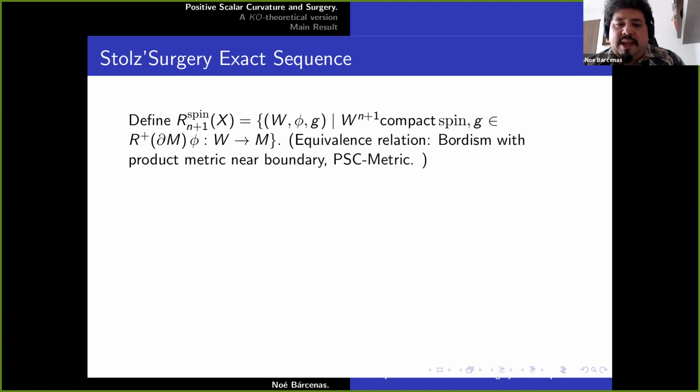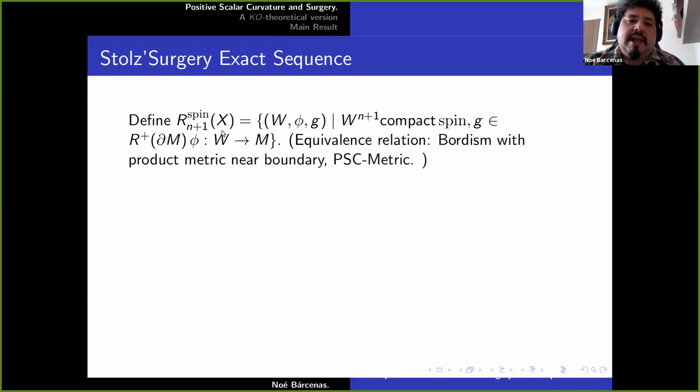The idea is that it has a product metric near the boundary. So you have a collar, and over there you put a PSC metric on this collar, and otherwise you let the interior go as it wants. But we have this PSC metric on a collar neighborhood of the boundary.